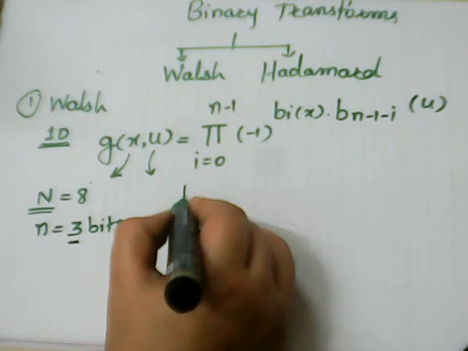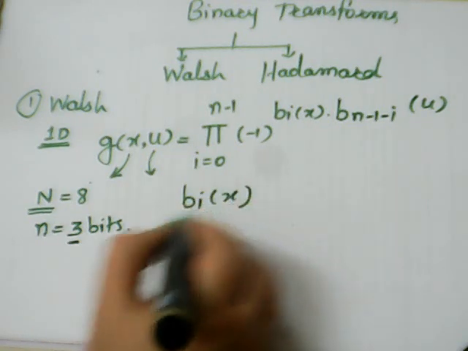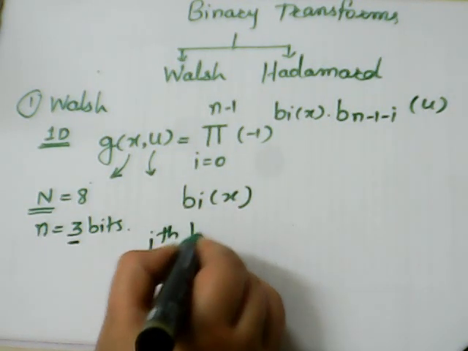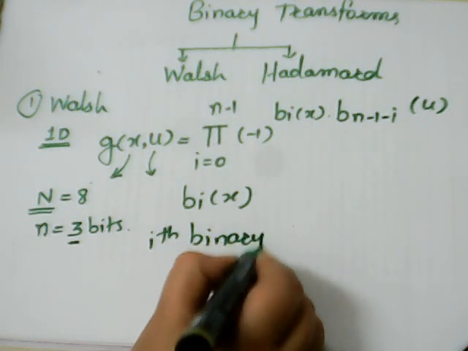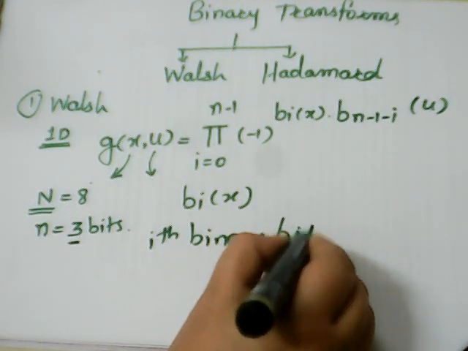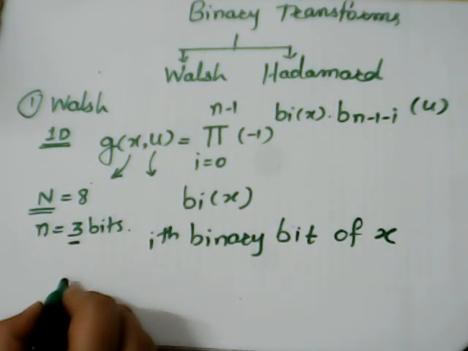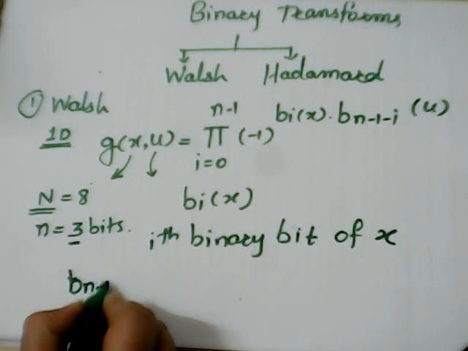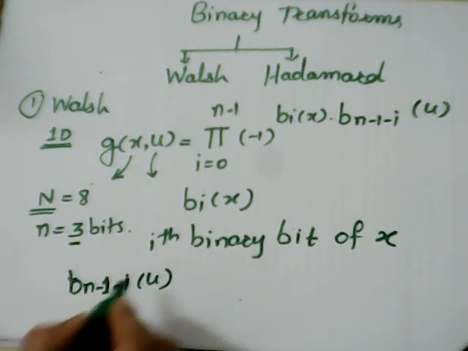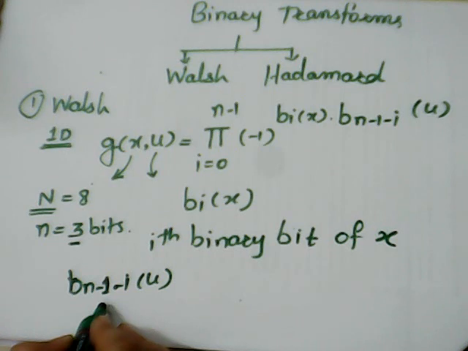bi of x. What do you mean by bi of x? This is nothing but the ith binary bit of value x. What do you mean by b n minus 1 minus i of u? It is whose binary bit? u. Which binary bit?